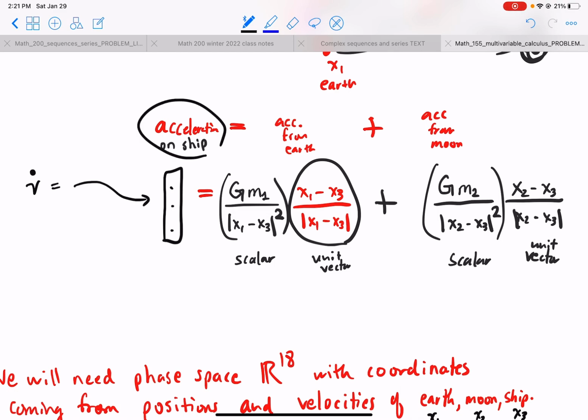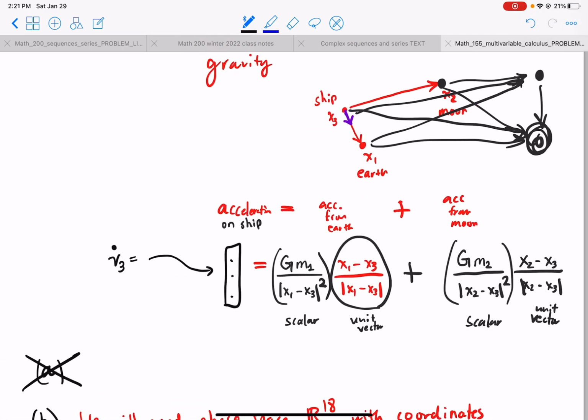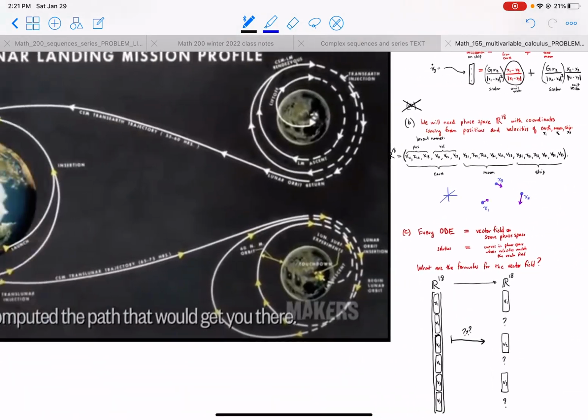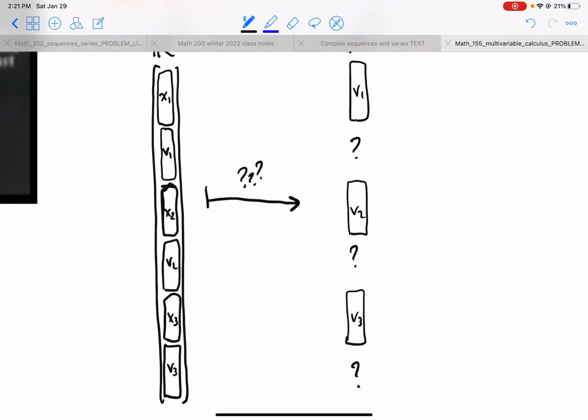I guess if this is the ship, I think the ship was 3. Yeah. And so let's actually write this out then. What do I put here? Same thing. I'm not going to give 3 different component functions. I'm going to use vector notation to make it easier.